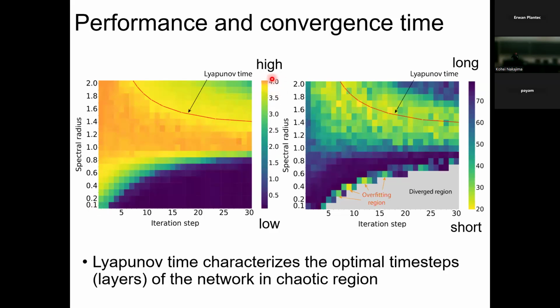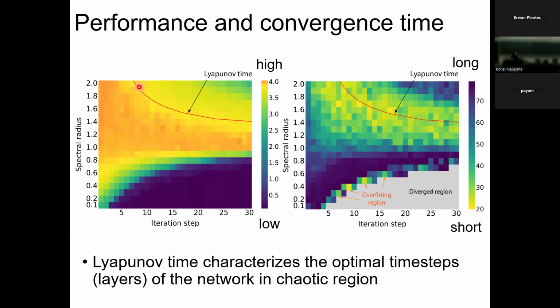If the color was bright, the performance of the MNIST classification task is high. And if this color was dark, then the performance is low. As you can see, the region which fulfills the echo-state property shows very low performance. And this is iteration time. It means the number of layers. And this is understandable because if you iterate several times, then it goes to the global attractor. However, in the chaotic region, it works.